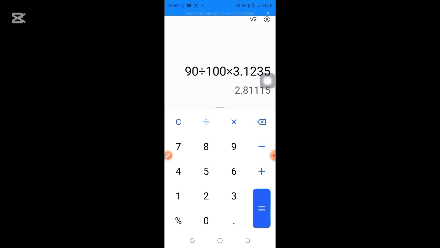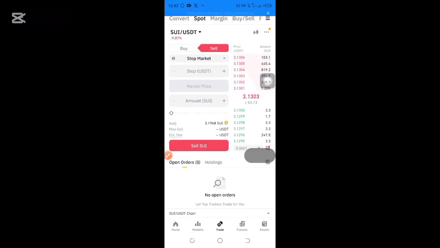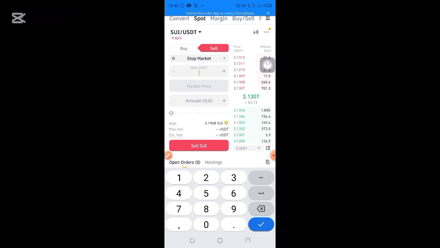That is to say, I want to take my loss and just leave the trade at this price. Then the same way I set my take profit, I also set my stop loss. So I just come here, I still use the same thing as stop market. Then I will type 2.871 here. Then I want to sell all my SUI once the price gets to 2.871.